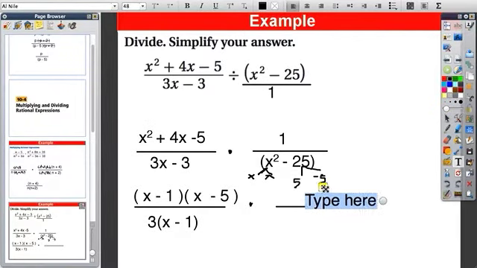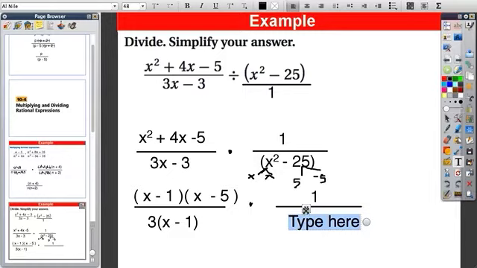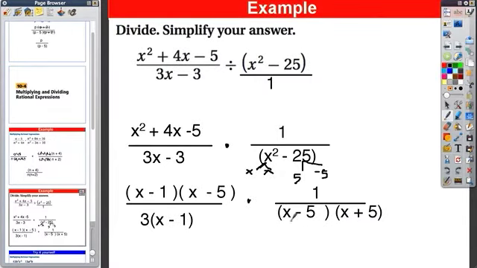So I'm going to still have the 1 on top. And then on the bottom, I'm going to have x minus 5, x plus 5. And you start reducing.